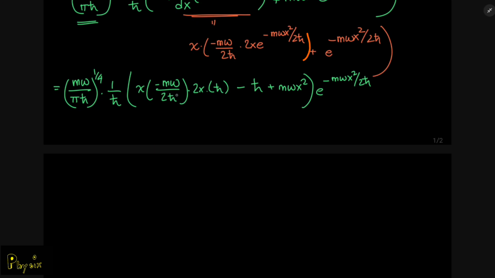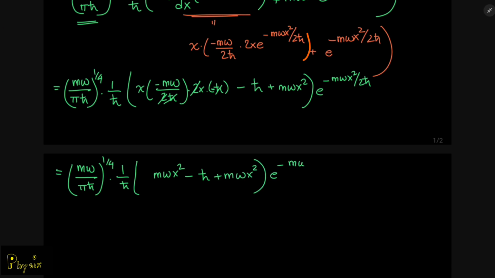For example, the h bars cancel out, and the 2's divide out over here, right? So you have (m omega all over pi h bar) raised to the 1/4 times 1 over h bar times negative m omega x squared minus h bar. This actually should be a positive because this h bar should have a negative sign right next to it. Okay, so m omega x squared minus h bar plus m omega x squared, e to the negative m omega x squared all over 2h bar.